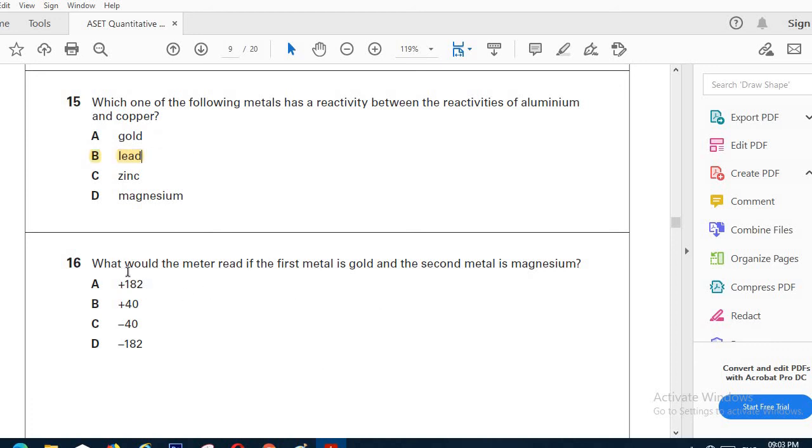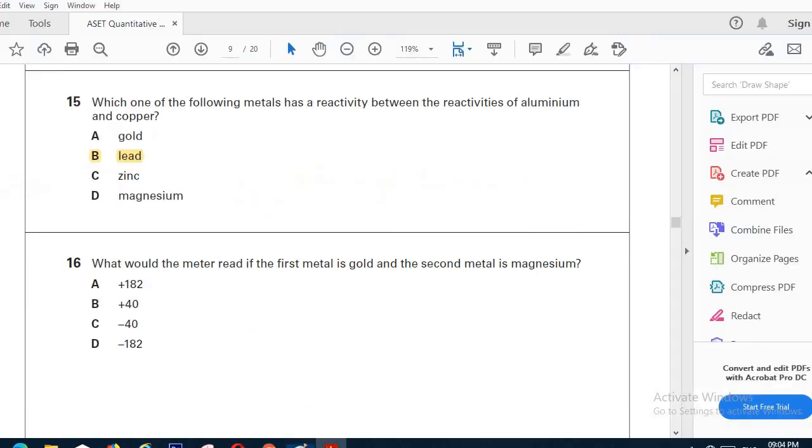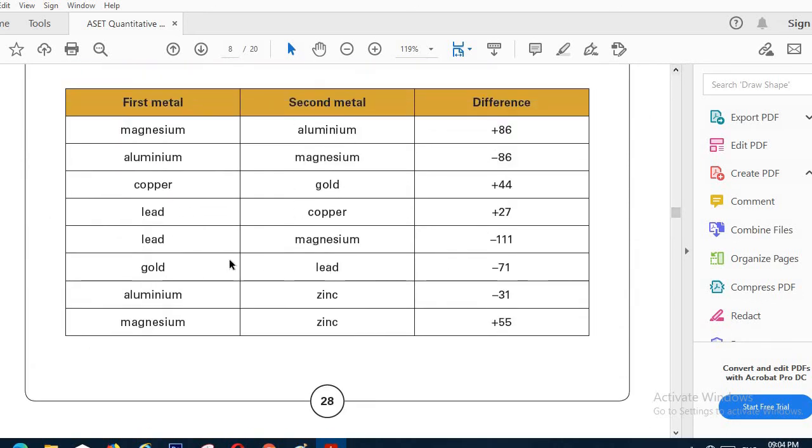Now question number 16, what would the meter read if the first metal is gold and the second metal is magnesium? So we need to check if this is already in the table. Gold and magnesium, we don't have that.